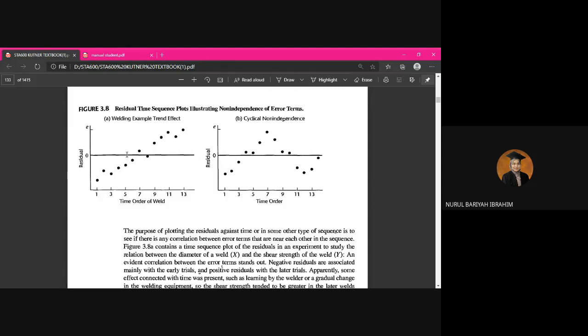If we have this type of pattern, with a trend that looks like a cubic, or cyclical, these are types of non-independence situations of the error terms.